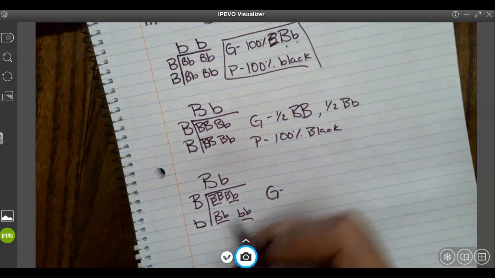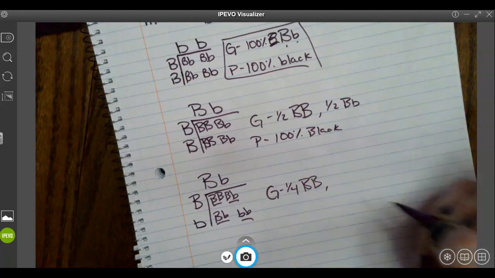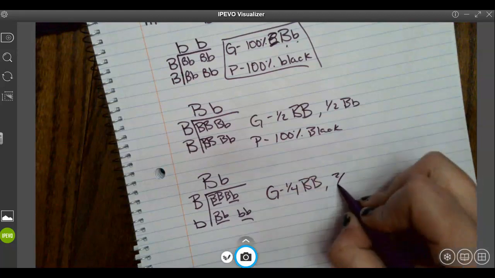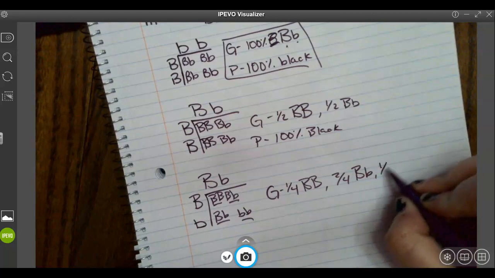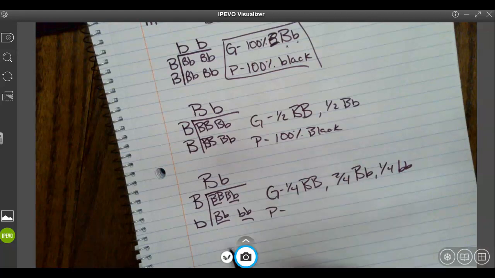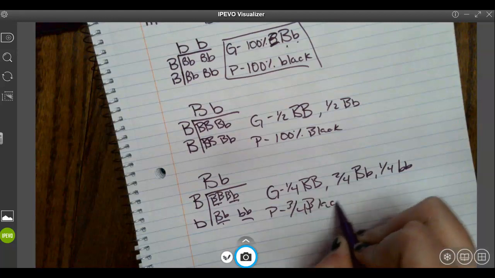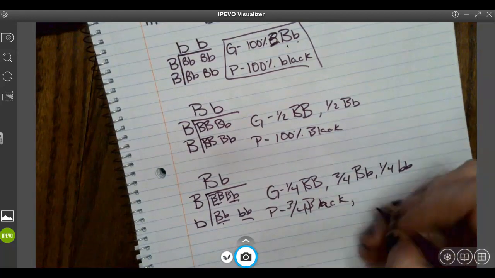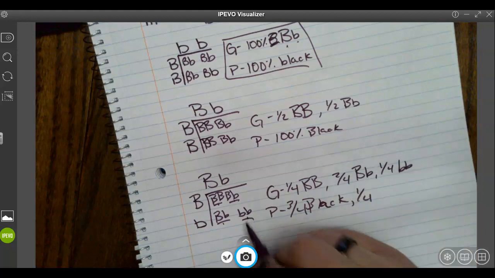My genotypic percentage, I have 1 out of the 4 is homozygous dominant, 2 out of the 4, or half, are heterozygous, and then 1 out of the 4 is recessive all the way. As far as phenotypes go, this one and this one are all black, so 3 out of the 4 are going to be black. That's awful handwriting. And then 1 out of the 4 will be, I believe it is white.